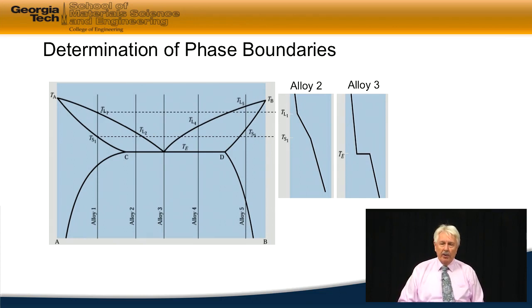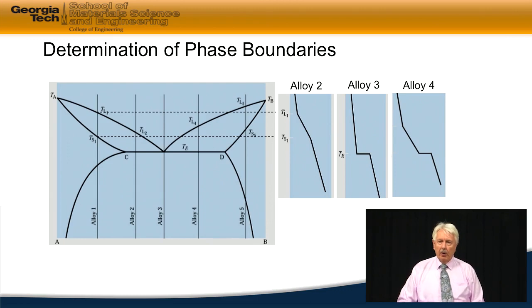Once all the liquid has transformed to solid, we now follow the cooling curve associated with the cooling rate of the furnace. So that horizontal arrest line occurs exactly as it does when we talk about solidifying a pure substance.